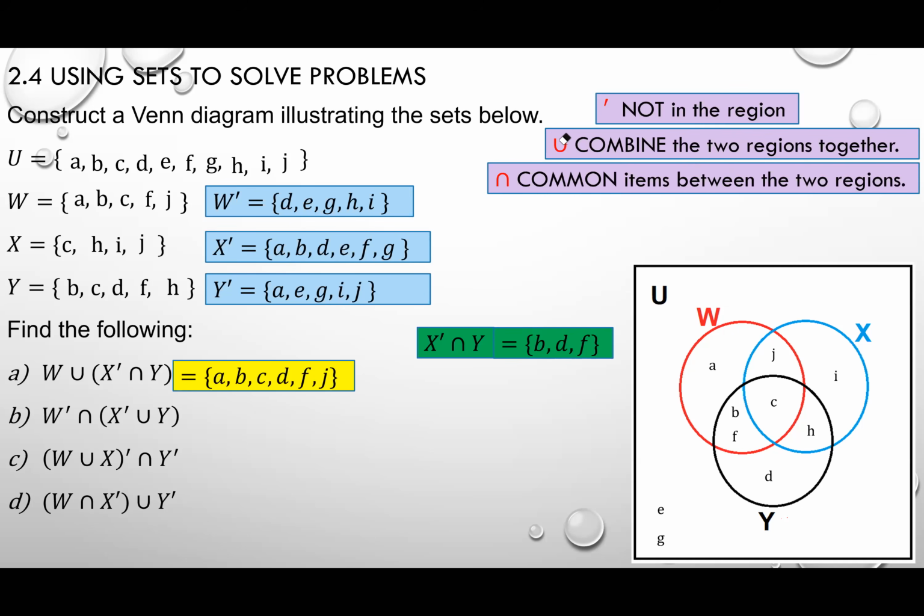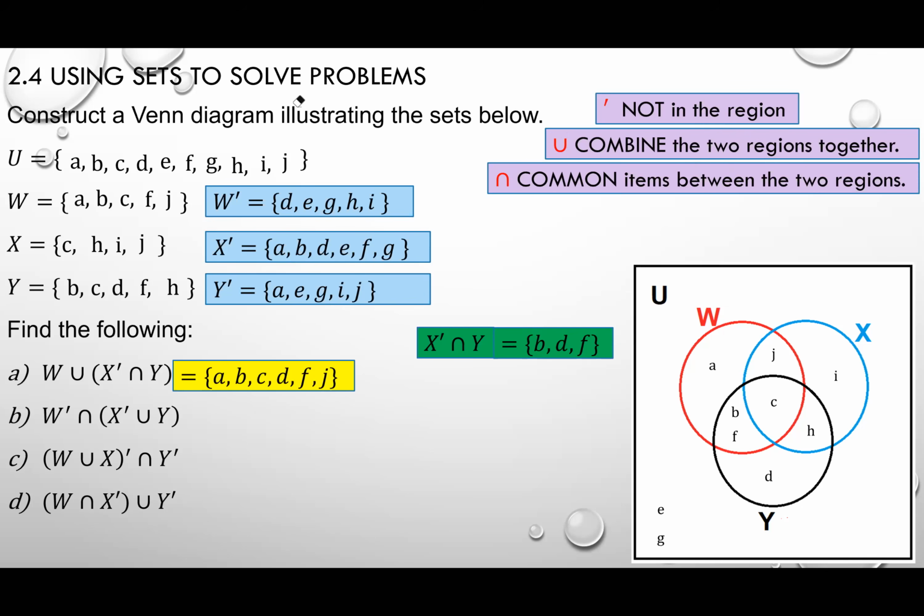When you see the right side U, you combine the two items on the side together. When you see the upside down U, you see what the two items on the side have in common. And we did the same yesterday: the outside of X, inside Y, take that and put it together with the W, and the answer is the same regardless of whether you use the Venn diagram or do it by hand.